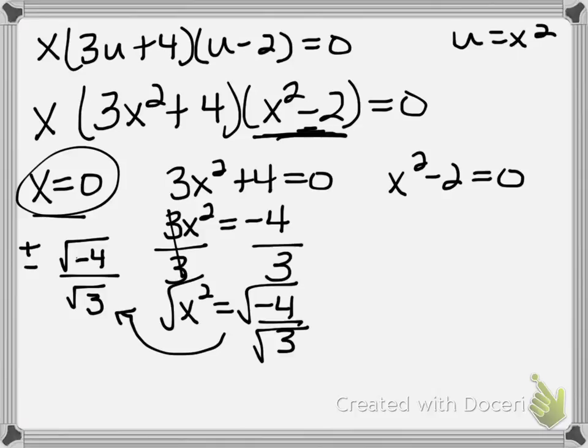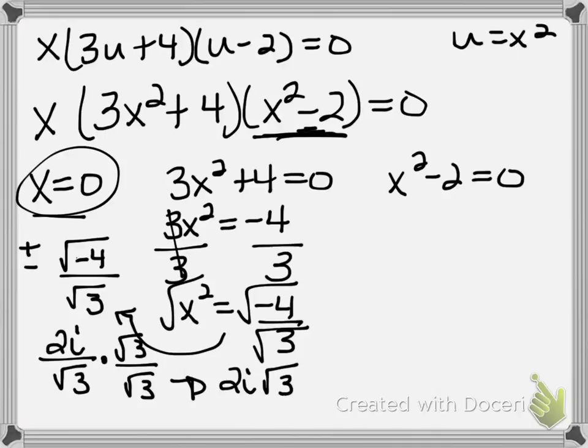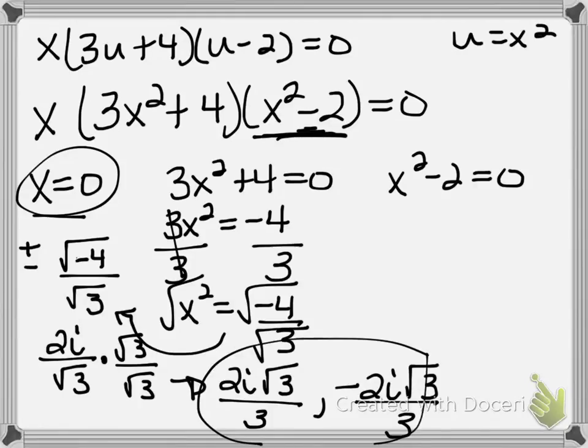So the square root of -4 is 2i. So I have 2i over the square root of 3. That means I need to multiply both of those by the square root of 3. So I get 2i square root of 3 all over 3, and then -2i square root of 3 all over 3. That was a good time, huh?